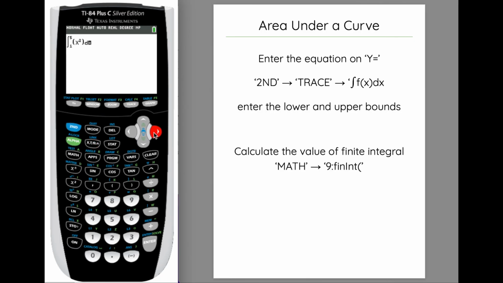And then we need to also put here at the end, we have to put the x, just so the function knows that you're integrating with respect to the variable x. And when we hit enter, it gives us the value. So in other words, this is the area under the curve x squared from x equals 1 to 5. So both of those ways are ways to do it.